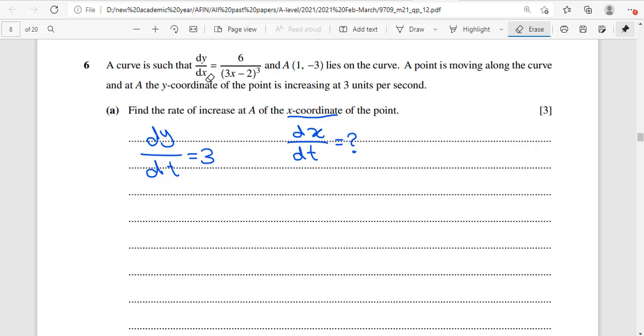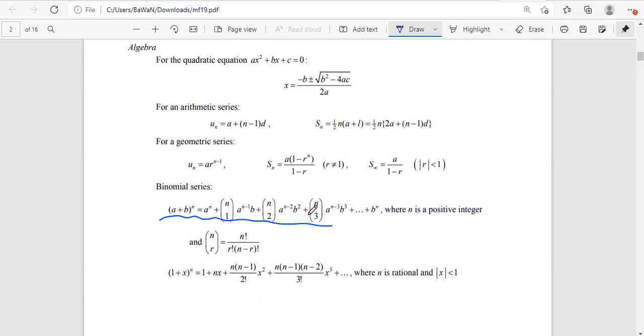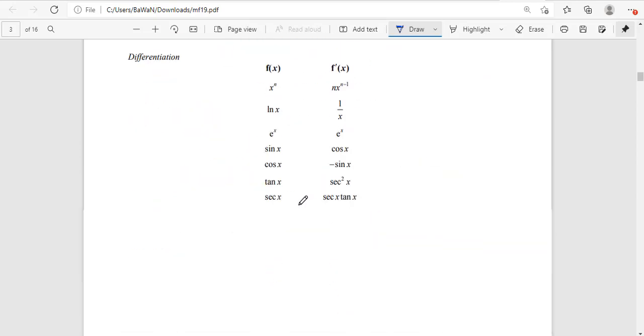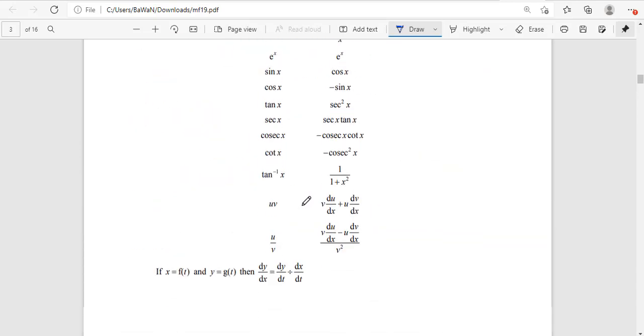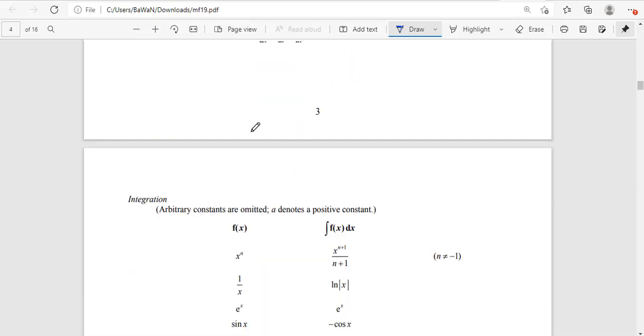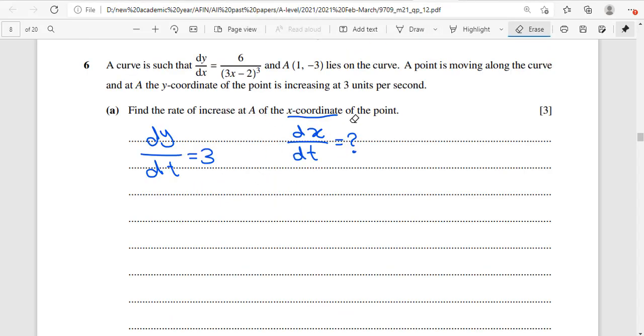The chain rule is provided in the formula list MF19. dy/dx is equal to dy/dt divided by dx/dt, or times.